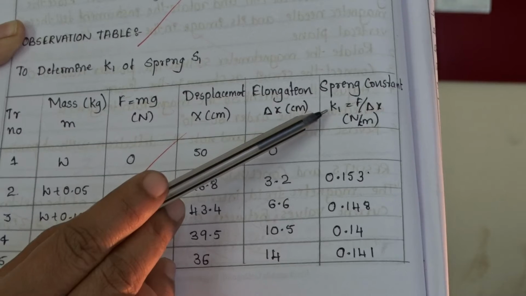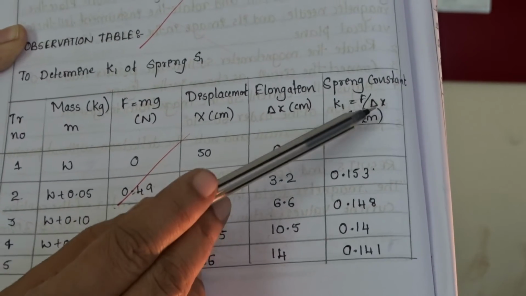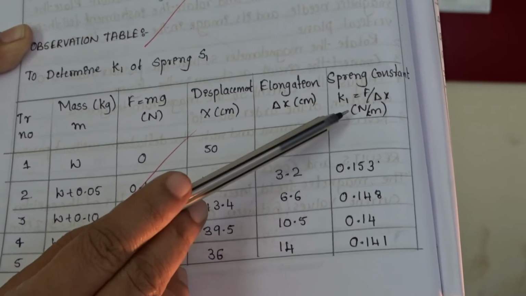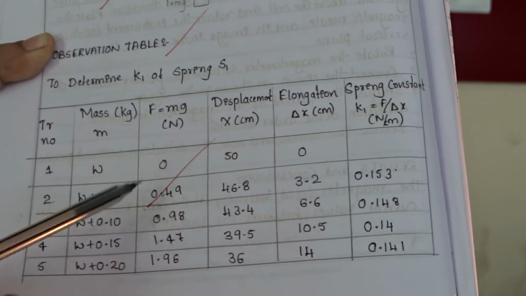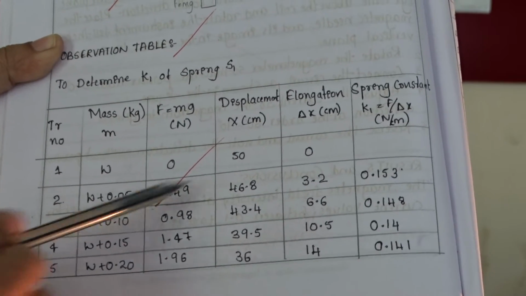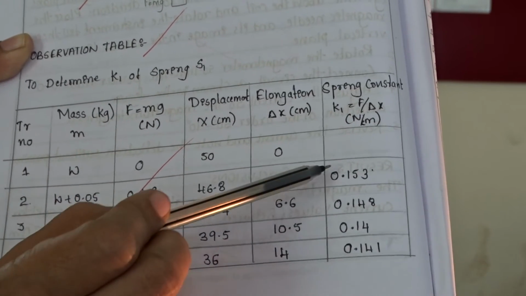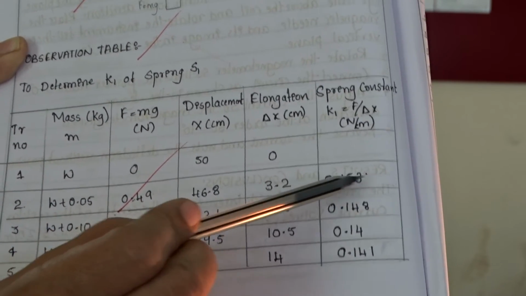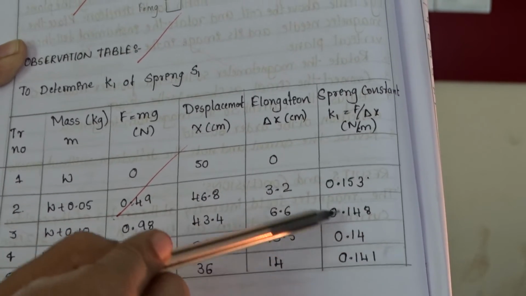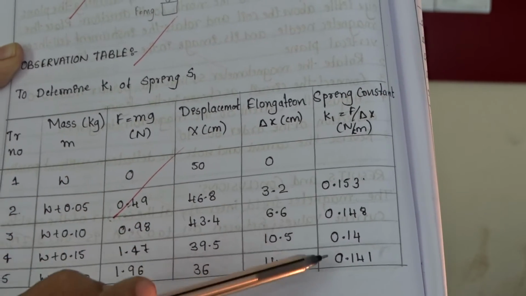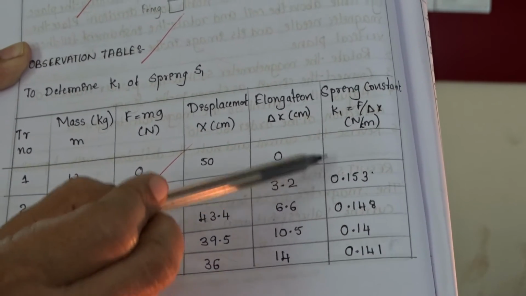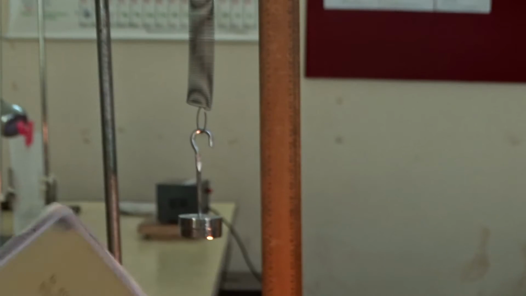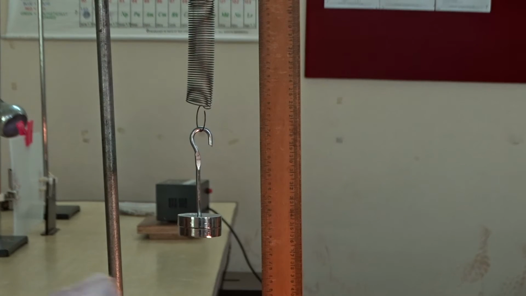Here K1 = F/delta X, given in Newton per centimeter. F is this value and delta X is this value, and you get 0.153 Newton per centimeter. Similarly calculate the remaining values. After getting 4 values here, you take the mean of them. The mean value will be shown.